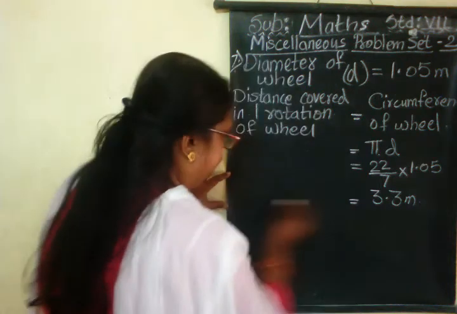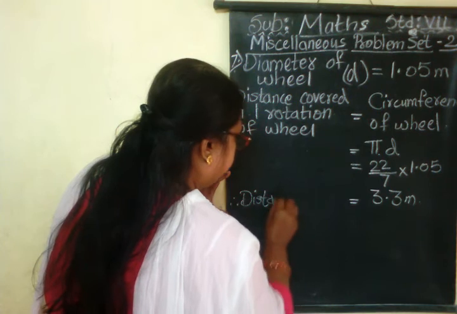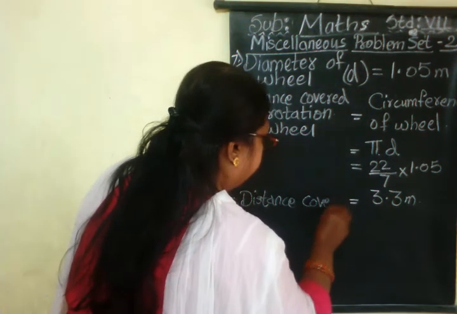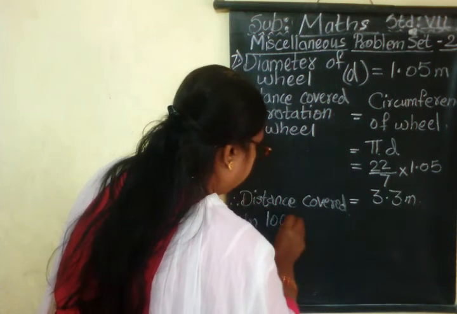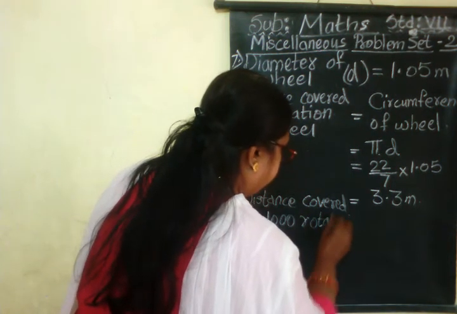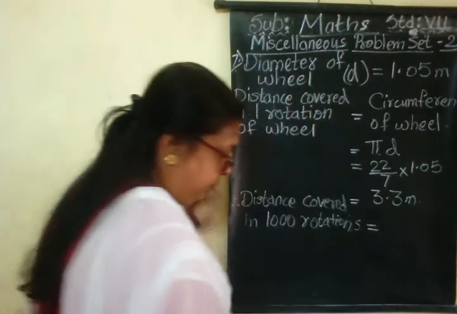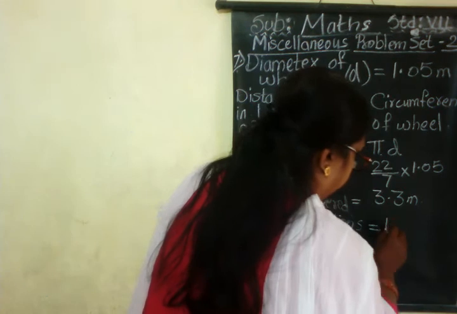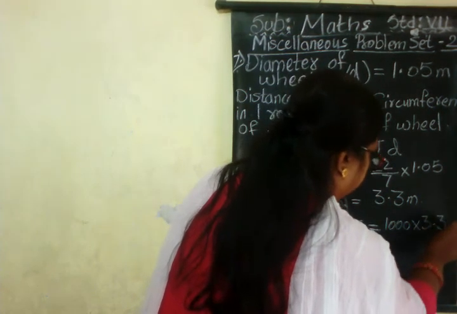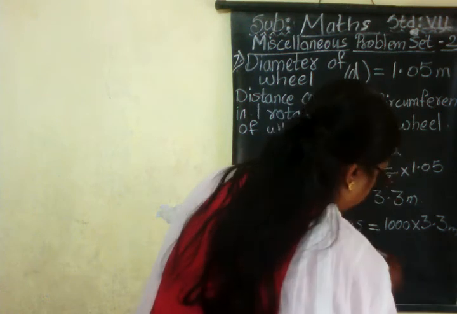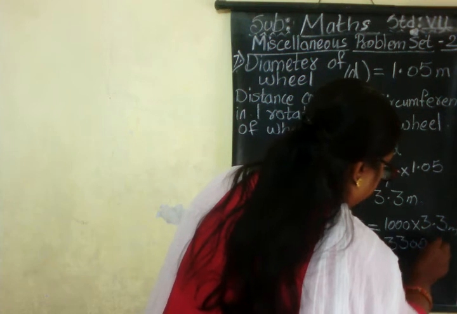So therefore distance covered in 1000 rotations is equal to 1000 multiplied by 3.3 meters. So multiplication gives us 3300 meters.